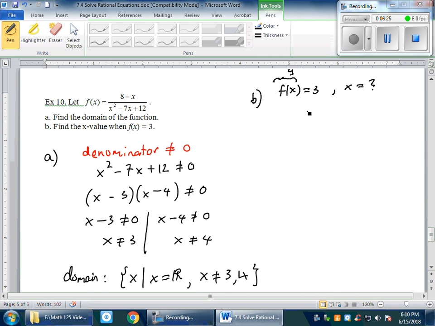We start with f of x equal to 3, and we know the formula for it is (8 minus x) over (x squared minus 7x plus 12) equal to 3. We already factored this earlier, so the denominator will be (x minus 3)(x minus 4).